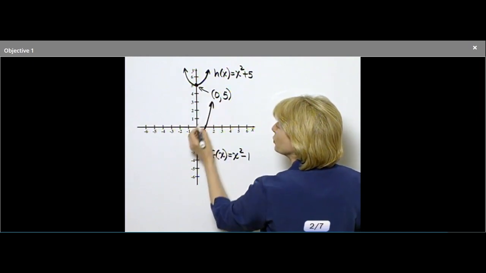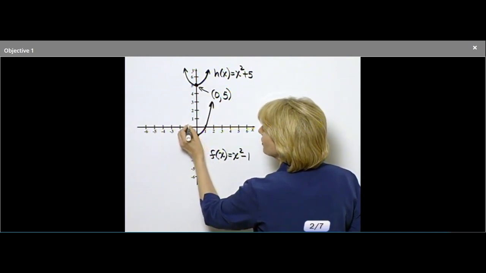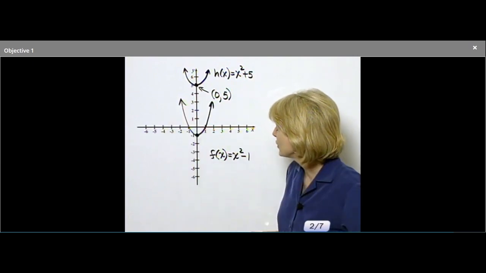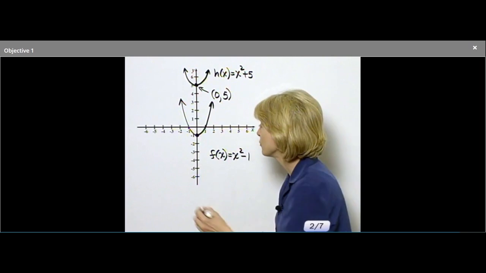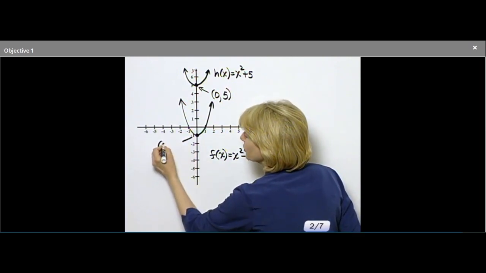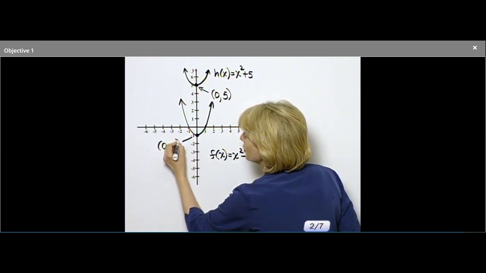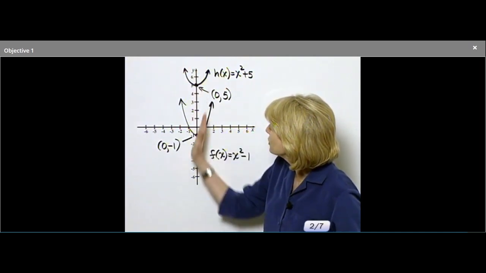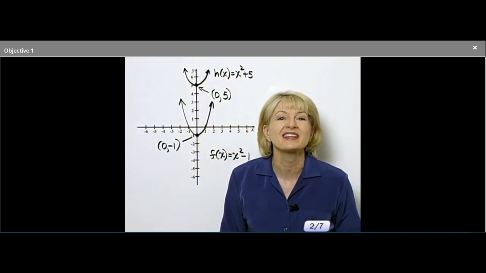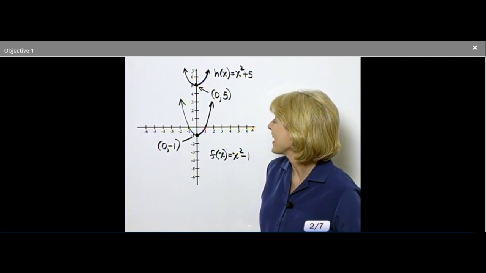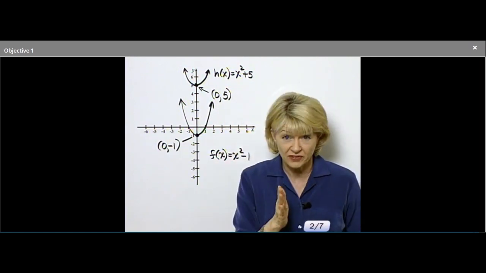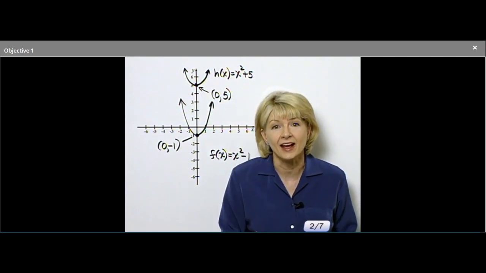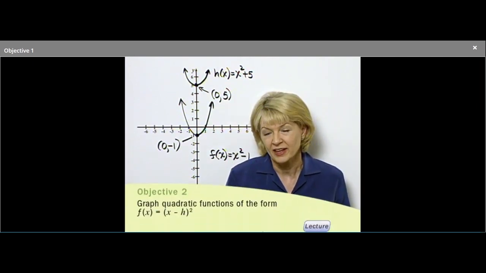So just draw in, we are sketching right now, that general shape. There is the graph of f of x. What is the vertex? Well, the vertex is (0, -1), and notice that the axis of symmetry is still the y-axis. So there is what causes shiftings up and down, or upward and downward.